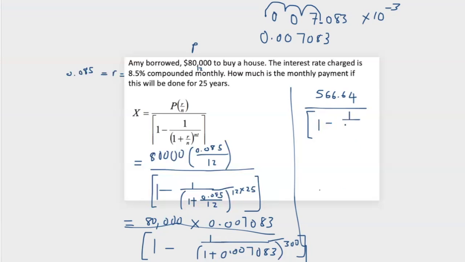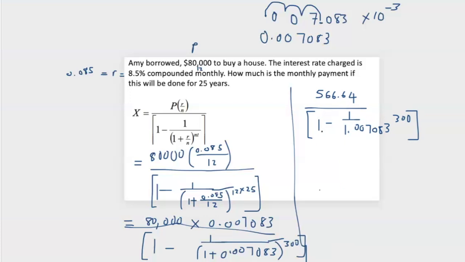This will be 1.007083 raised to the 300. And now I can put this part in the calculator. Just put 1 divided by 1.007083 raised to the 300.